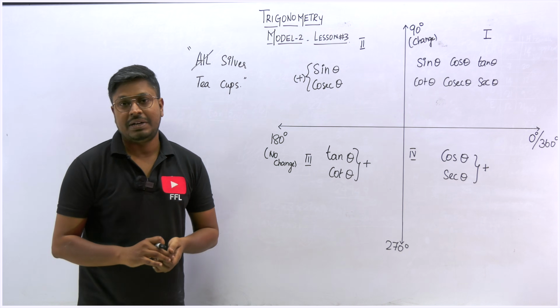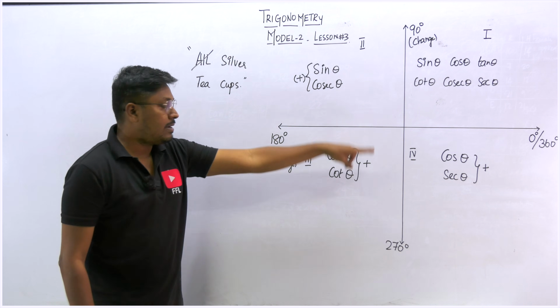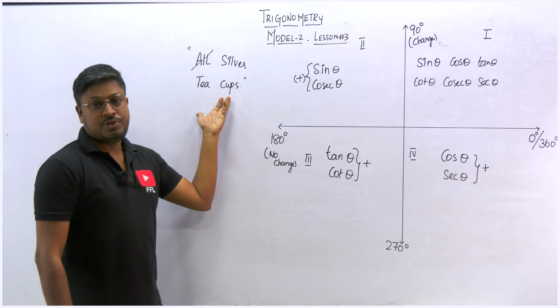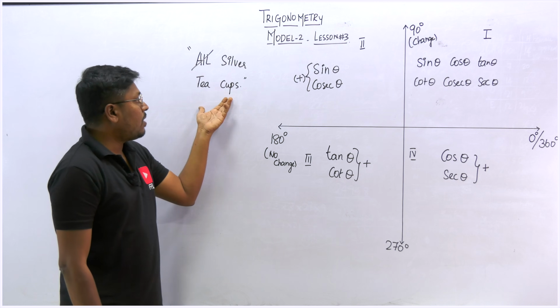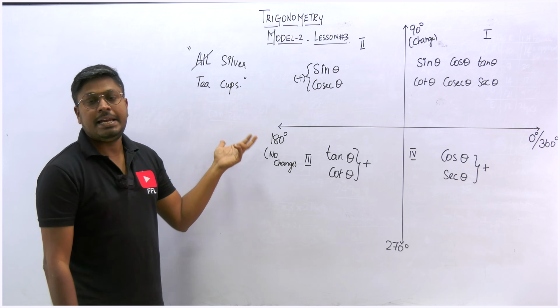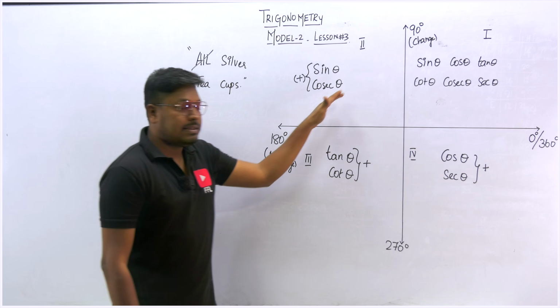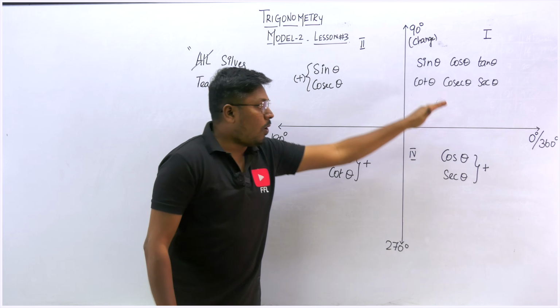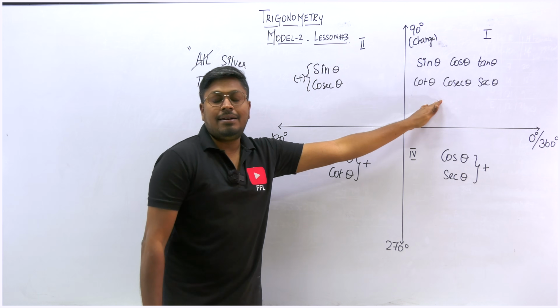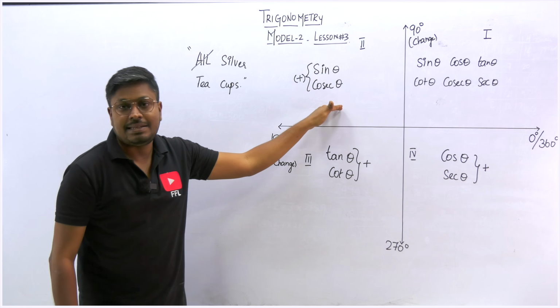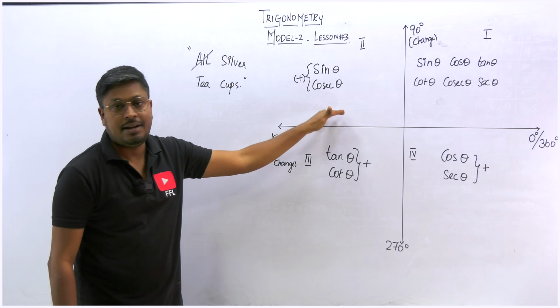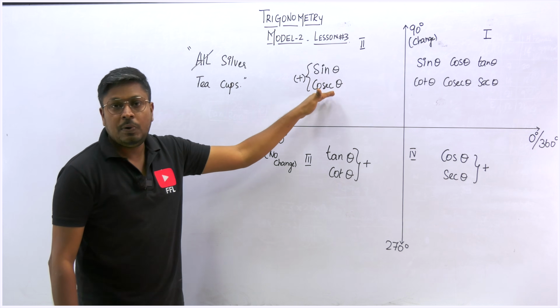So friends, understood or not? In order to write this correctly, my guru taught this small shortcut. In case required, you can learn this because you won't make any mistake. So all, silver, tea, cups. All the trigonometrical ratios are positive. Silver, starting from S, means sine theta and cosecant theta alone are positive.